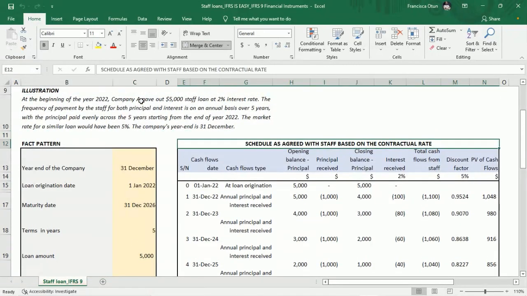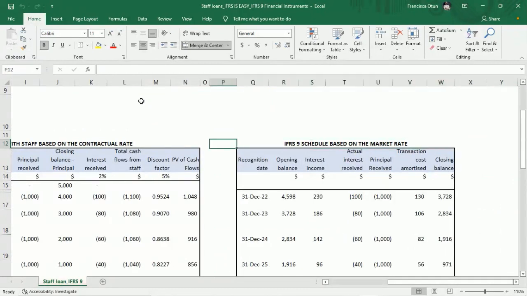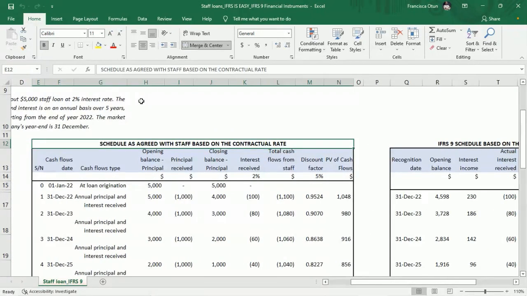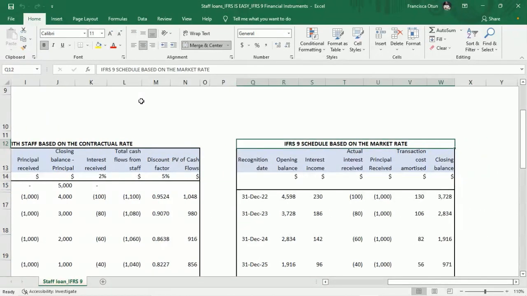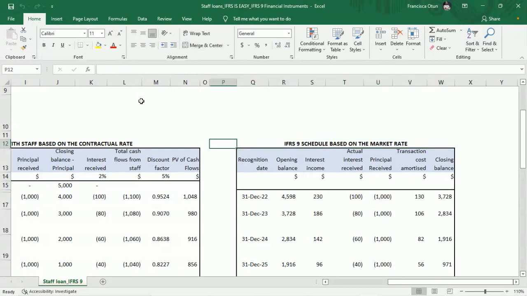Okay, so here we have two tables. The first table is the schedule for the contract itself, that's how the staff is expected to make payment, while the second one is the IFRS 9 schedule itself, that's the expectation in terms of the recognition process.